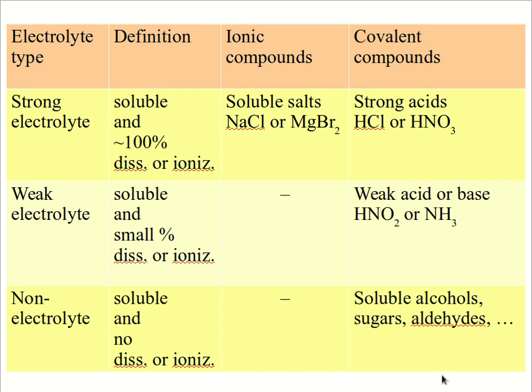Or it's a covalent compound, and is it a strong acid, is it a weak acid, is it a weak base, and so on. That's crucial for this class. And the sooner you get into this pattern recognition groove, the more you will succeed with the chapters we're going into. All right, enough preaching.